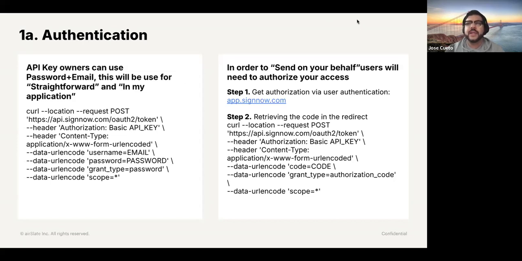When you're authenticating a secondary user that you don't have that information for, you're going to be using a URL that allows them to authorize you, which will then redirect and provide a code, and you're going to use that code in place of the username and password. You can see we've changed some things here. The biggest change is the grant type being authorization code instead of the grant type being password, but most of the call is the same.